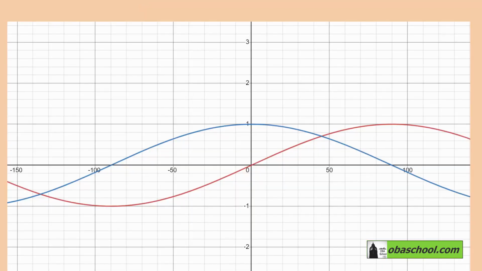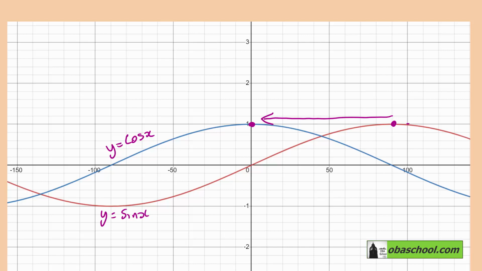And we can explain that by looking at these graphs. The red one here is y equals sine x, and the blue one is y equals cos x. And we can see that they're the same shape. But if we consider the cos x and this maximum here and the maximum just here on the sin x graph, the sin x has been moved this way.